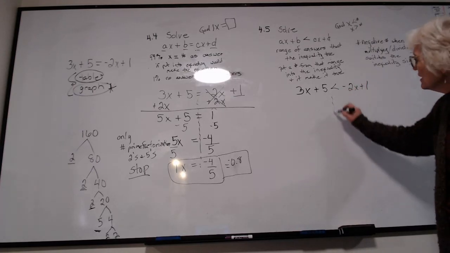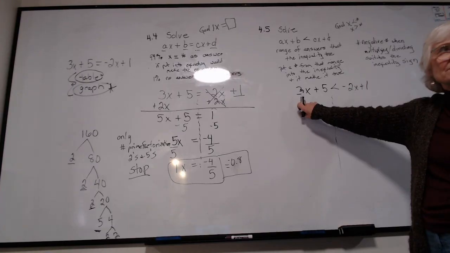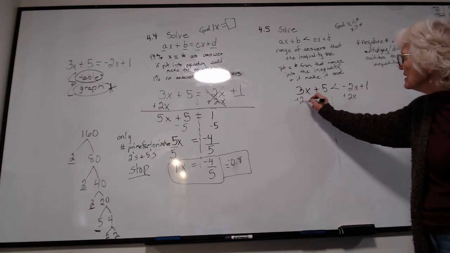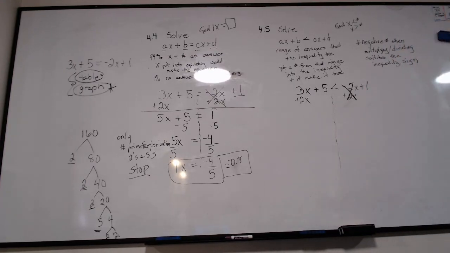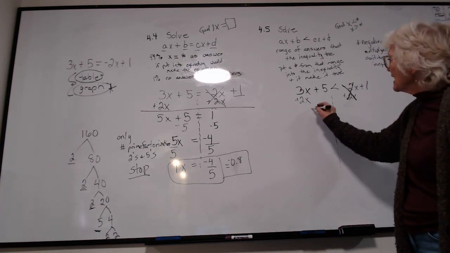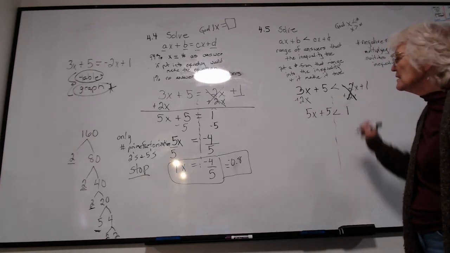Here, negative 2 is on a different side than 3, so I'm going to add the 2x on both sides. It eliminates it on that side, which is what we want, and that gives me 5x plus 5 is less than 1.